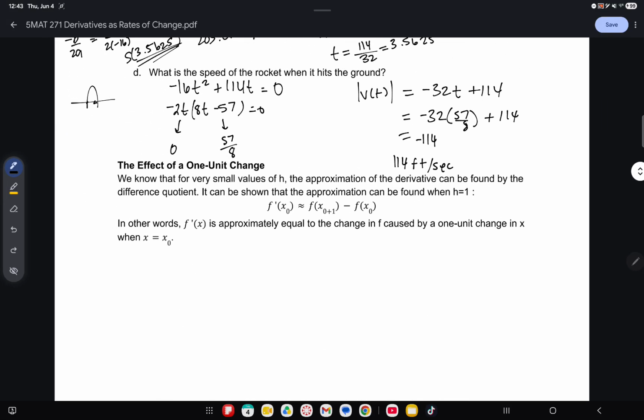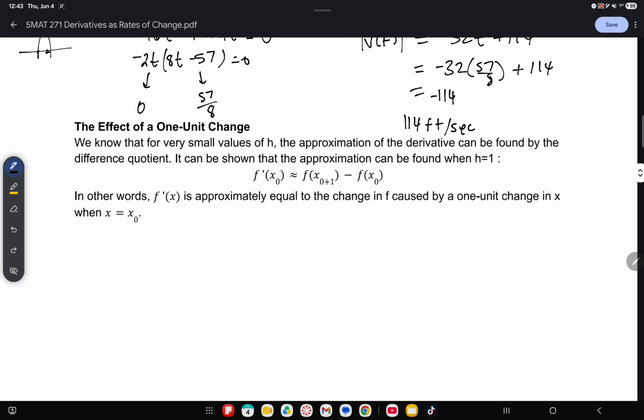All right, so something else we might want to look at is the effect of changes, right? And maybe we want to look at, like, what if we just change something by 1 unit? So for very small values of h, the approximation of the derivative, we can find that with the difference quotient, right?